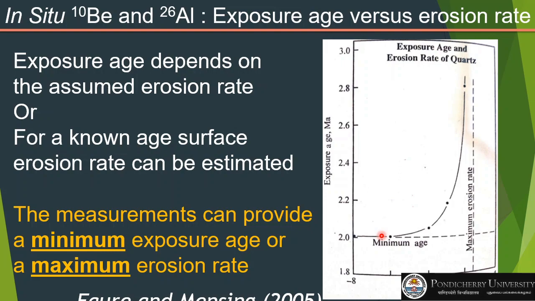So there are two unknowns basically, and so there could not be a unique solution unless you know one of them independently. So if you know that in this area erosion rates are generally of this order, then you can use those erosion rates and find out when the surface would have been exposed, and that can be related to the underlying causes of that exposure of the surface.